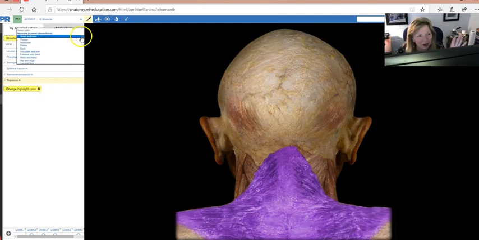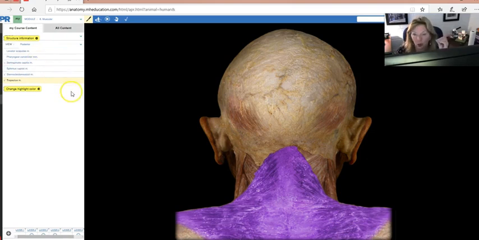So we can go to different regions: the thorax, the abdomen, the back, the shoulders, the legs. And again, since time is limited for us and we're getting an overview of this, you would want to concentrate on the list that I give you and make sure that those are the ones that you're really concentrating on.